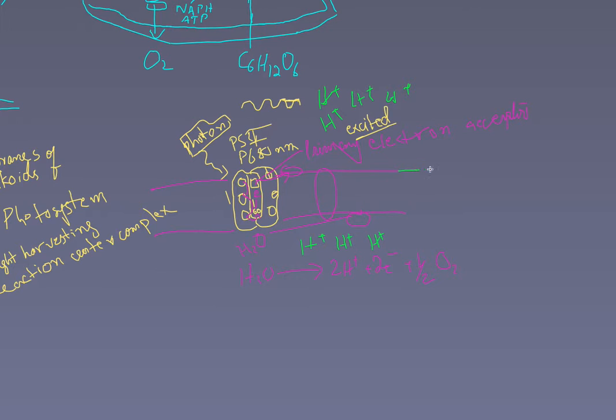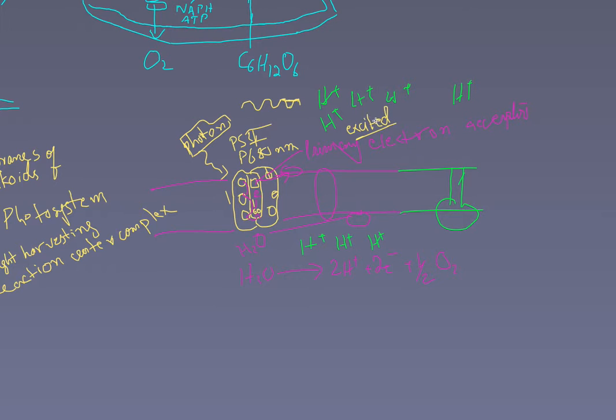Like in the previous video, they go through another molecule which we call the ATP synthase. This is just a review of what happens in the electron transport, and it's quite similar.